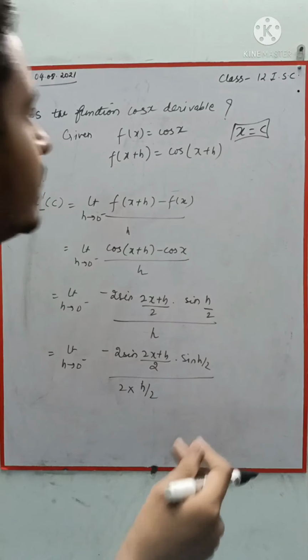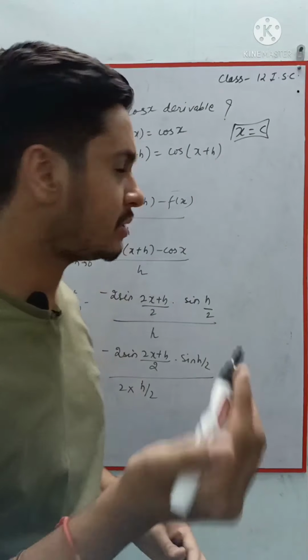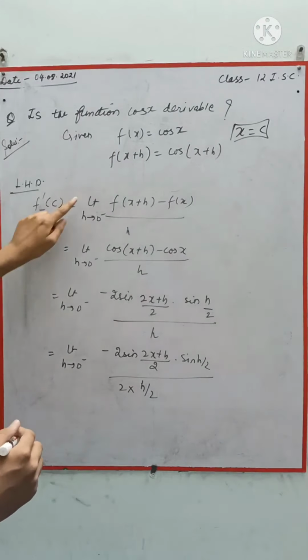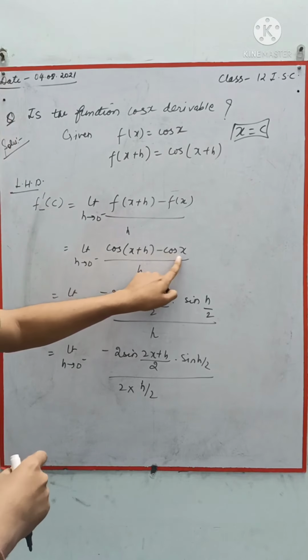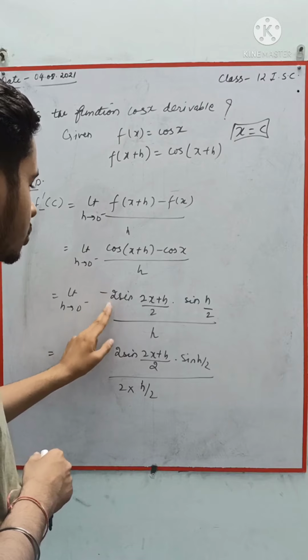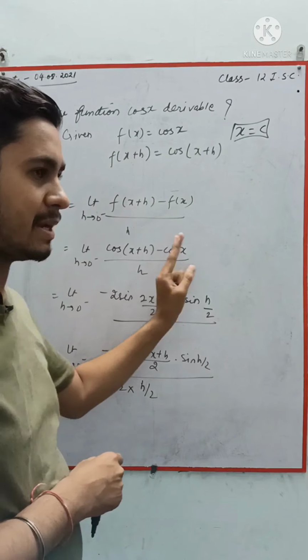So limit h tends to 0 minus, f(x plus h) minus f(x) upon h. f(x plus h) is cos(x plus h) minus cos x upon h. We are going to use the cos C minus cos D identity. So cos C minus cos D is minus 2 sin((C plus D) by 2) sin((C minus D) by 2).